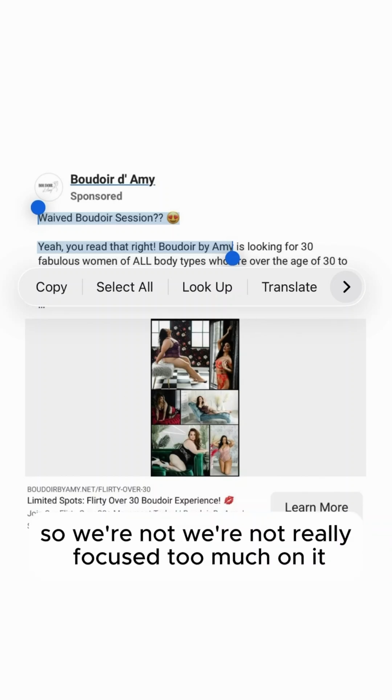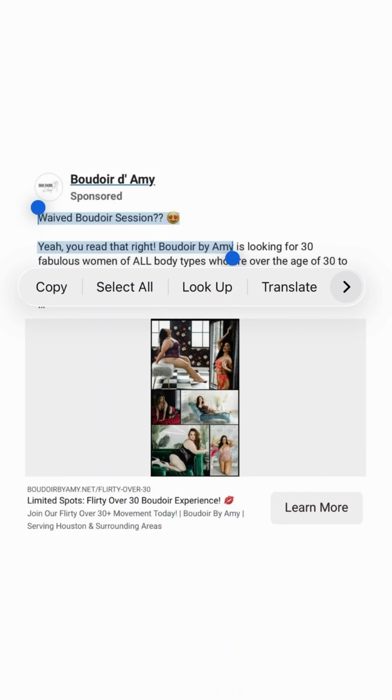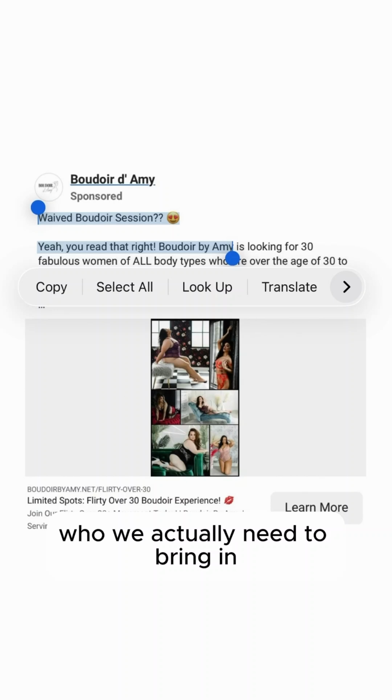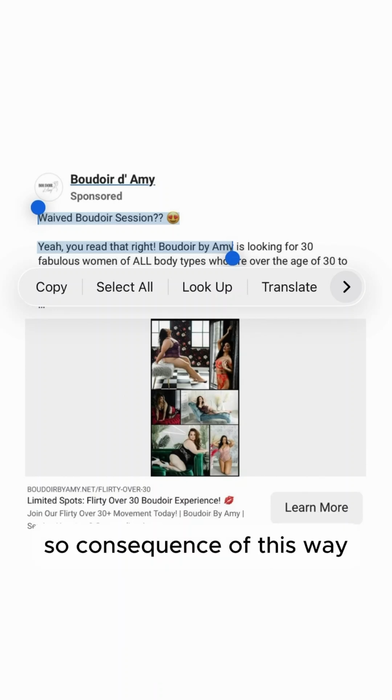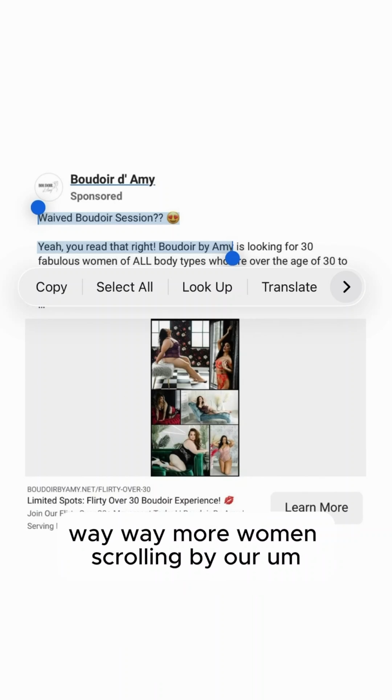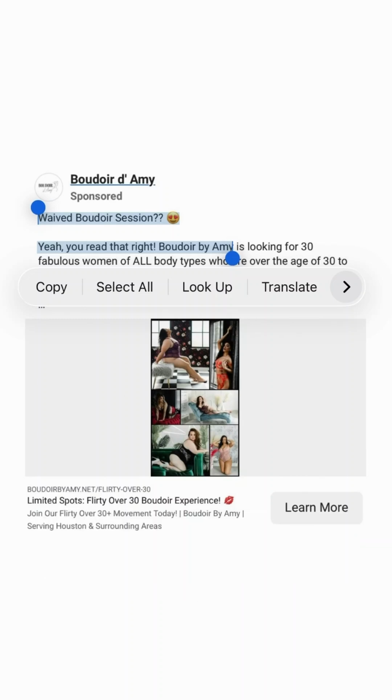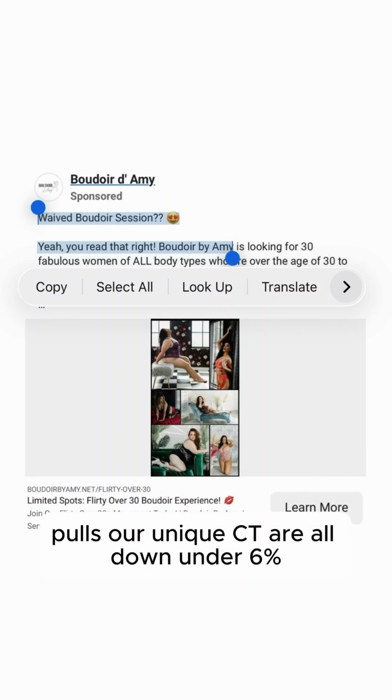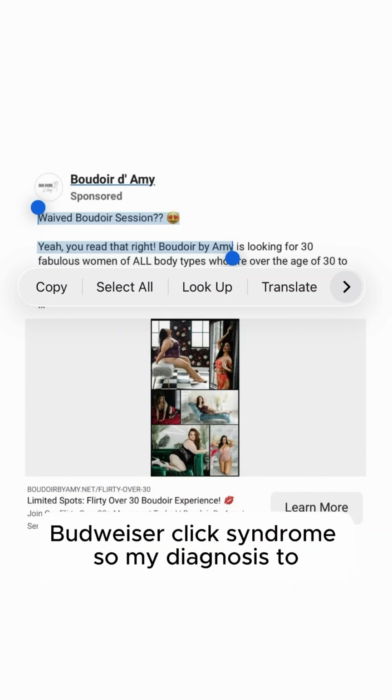So we're not really focused too much on it, and we're lacking context of who we actually need to bring in. So consequence of this, way more women scrolling by our boudoir Facebook ad than necessary, and as a result, pulls our unique CTR down under 6%, and contributes to BLCS, boudoir low click syndrome.